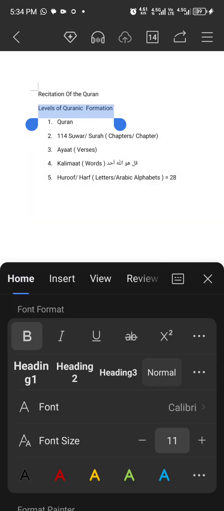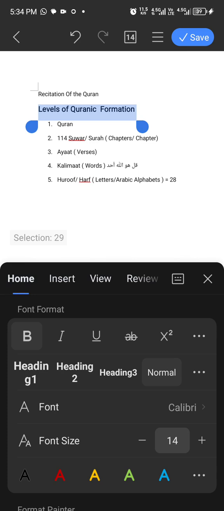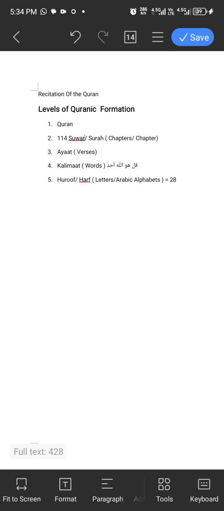What I taught there is to give a broad architecture of the glorious Quran, and I named it levels of Quranic recitation. I explained to the students, the first thing you need to know is this broad architecture of the glorious Quran. It's going to make your understanding of recitation easy and how to get yourself prepared ahead.